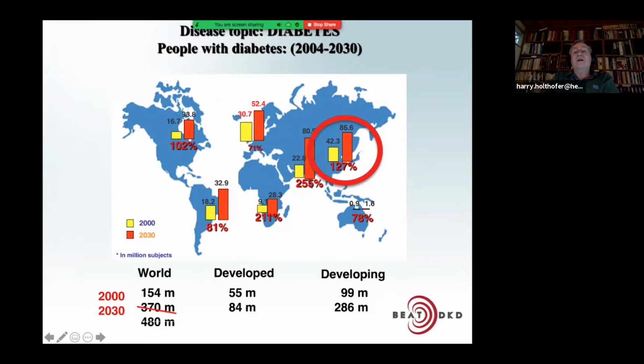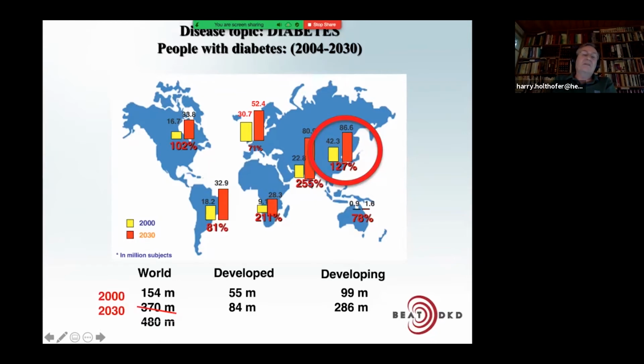Now, for instance, in China already, the number of diabetics is around 110 million, so heavily going over those estimations. And these 480 million global cases in the next 10 years is the currently used number.